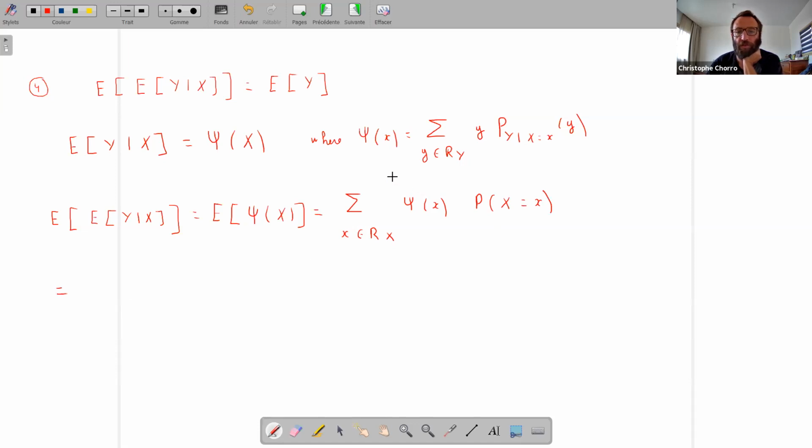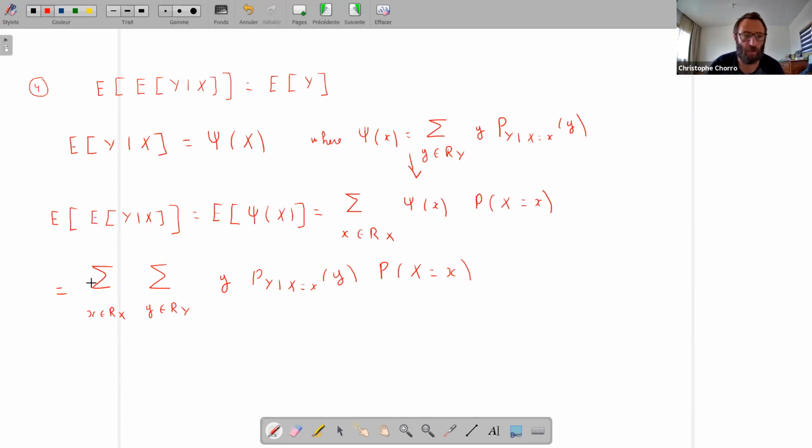So what I have to do now is just plug this in here, and let's do the job. So I will obtain a double sum of y times the probability of y given capital X equal to small x, multiplied by the probability that x is equal to small x.